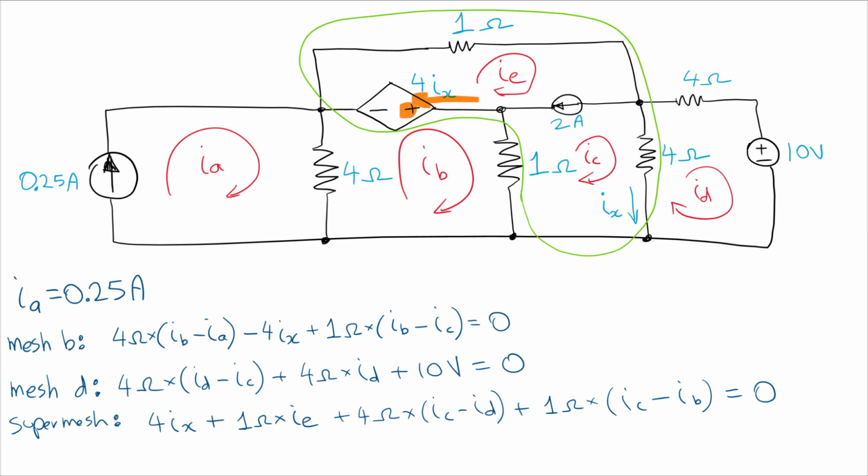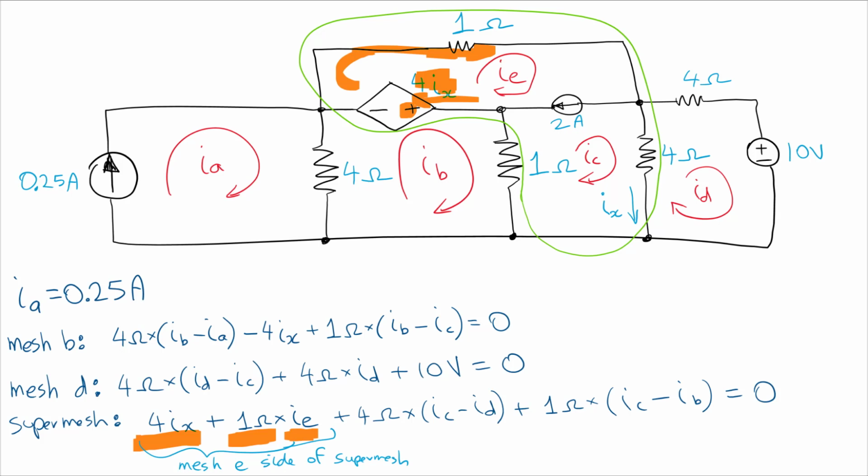So we see a positive 4ix, okay? So that's what we have here. So that's the voltage of the current controlled voltage source. Then we come around this way, go through the 1 ohm resistor, and then the only mesh current associated with it is IE. So now we are done with the IE side of the super mesh. So this is the mesh E side of super mesh. Okay.